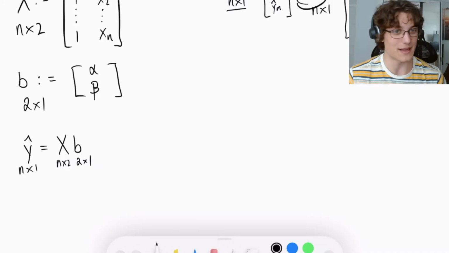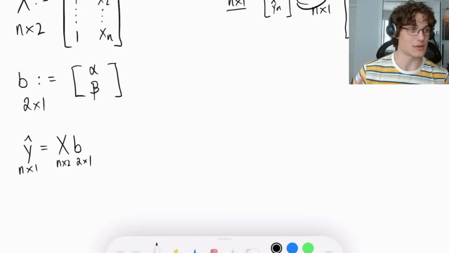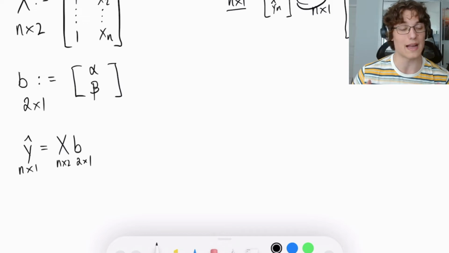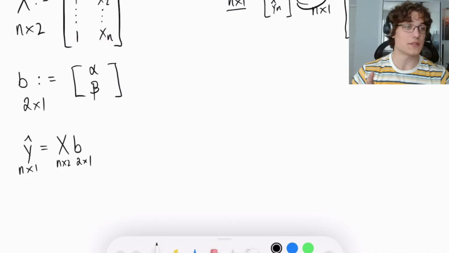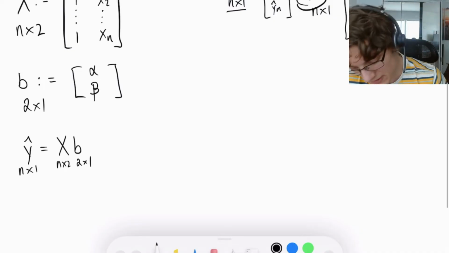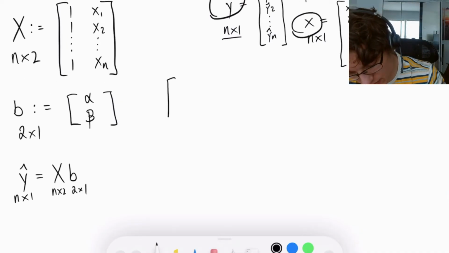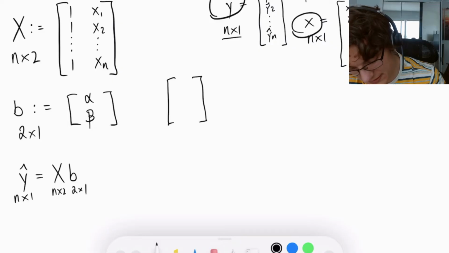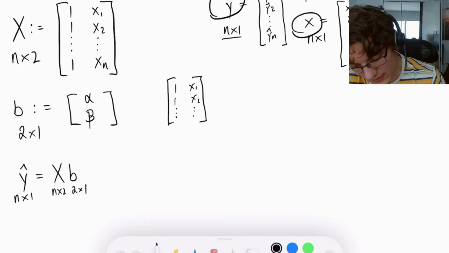Plus, it's going to help us in our solution as we progress to find what the actual values of alpha and beta are in this b vector. Now, if you're still not convinced, let's actually go ahead and compute one of the values for y hat based on this matrix equation. So let's set up this product here. I'm just not going to complete this matrix. So we're going to have 1 x1, 1 x2, so on and so forth, all the way to xn.